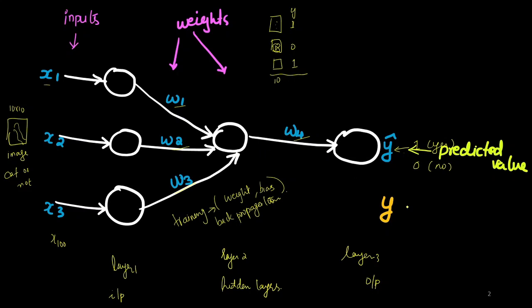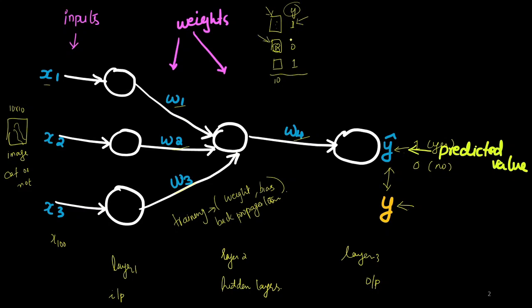So y is the actual value or the expected output, and y cap is the output given by the network. What is our purpose? These two should be the same. That means the network should give you the expected value. When we input this image, this is the expected output.